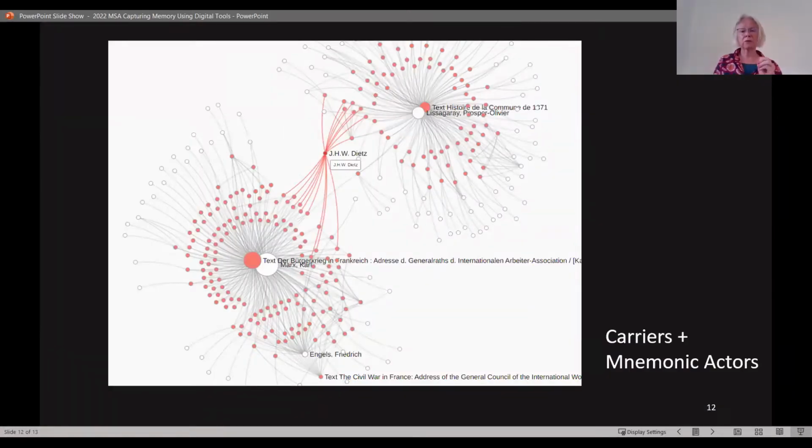At that point, we realized that there was a strong connection between the two texts through the publisher, Dietz, the German publisher, who was an important mediator between the French and the German sphere, but also clearly helped create a common public for both Léger and Marx. So I give this as an example: if you were to activate other aspects of the entries, you can begin to get a more integrated analysis of both actors and cultural carriers.